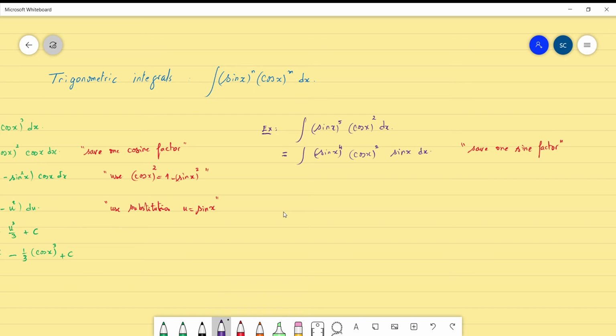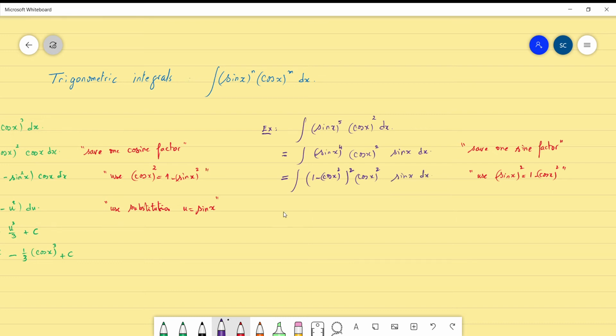Then we will substitute sine squared by this term: sine x squared equals 1 minus cosine x squared. So you will have 1 minus cosine x squared, squared, cosine x squared, and sine x dx.